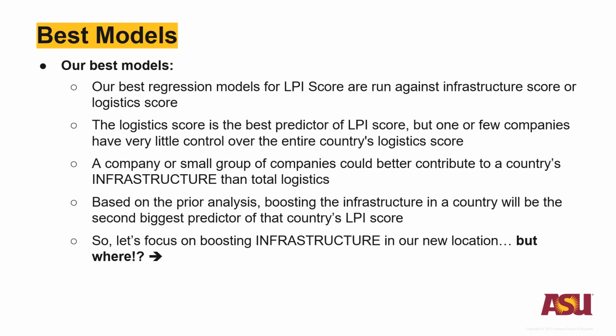A single company or a small group of companies could better contribute to a country's infrastructure than total logistics. Based on the prior analysis, boosting the infrastructure in a country will be the second biggest predictor of that country's LPI score. So, let's focus on boosting infrastructure in our new location. But the question is, where?